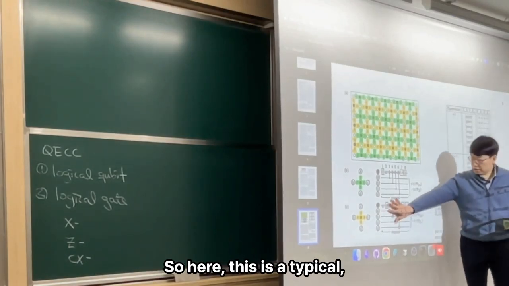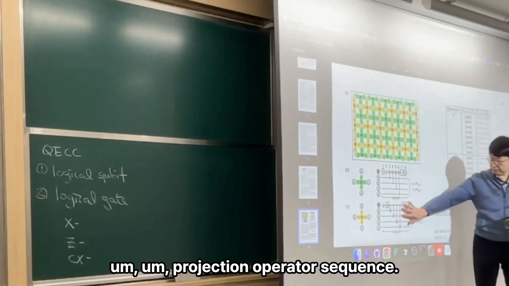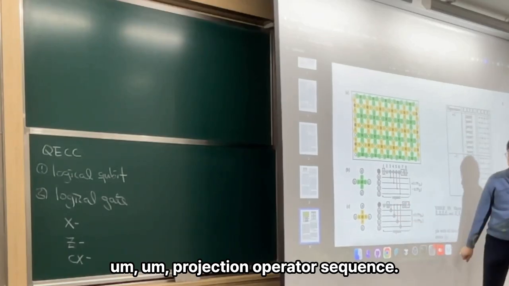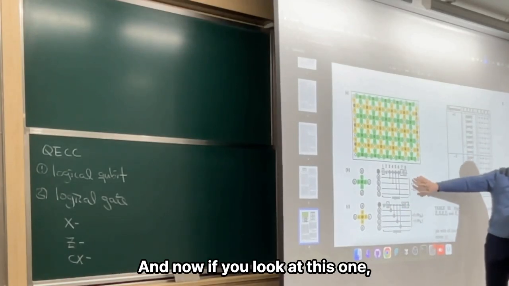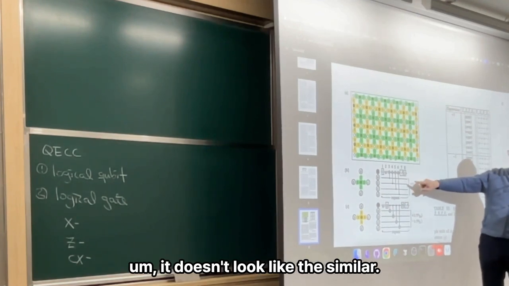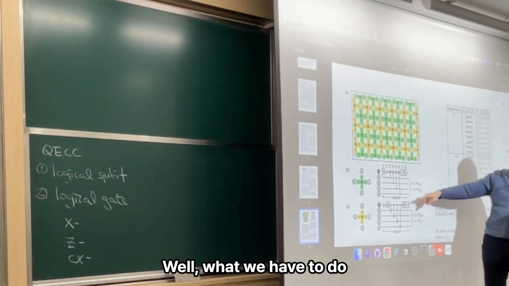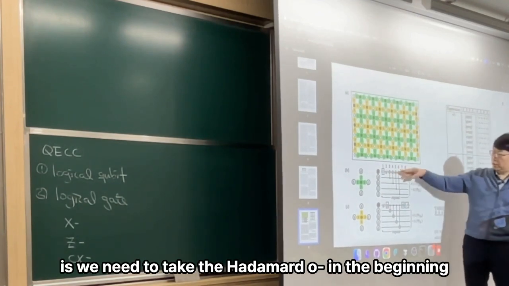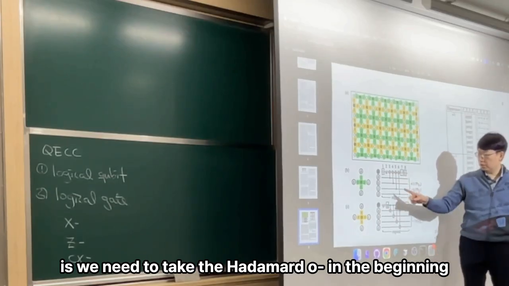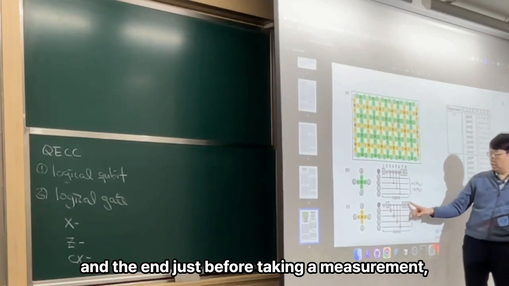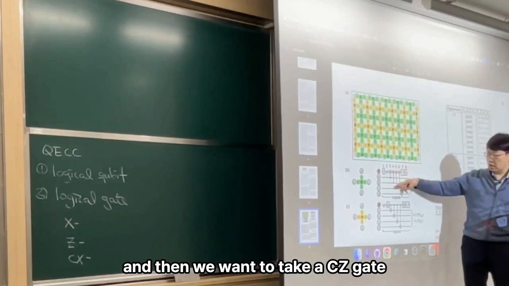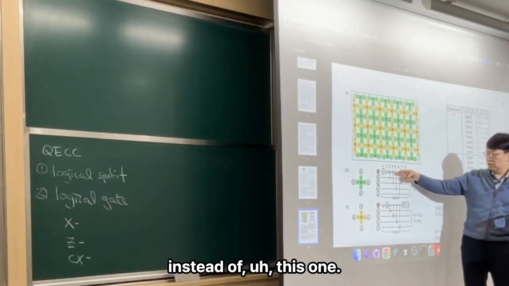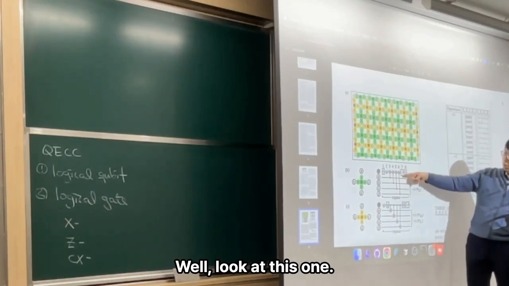This is a typical projection operator sequence, because we have an X stabilizer. Now if you look at this one, it doesn't look similar. What we have to do is take the Hadamard at the beginning and the end, just before taking a measurement, and then use a CZ gate instead of this one. Look at this one, it's kind of weird.